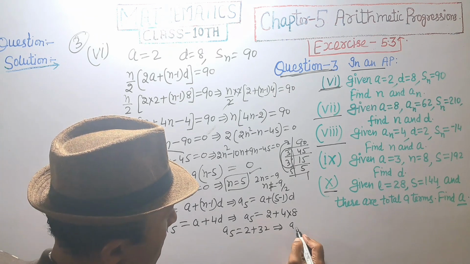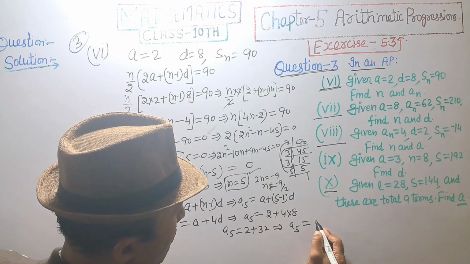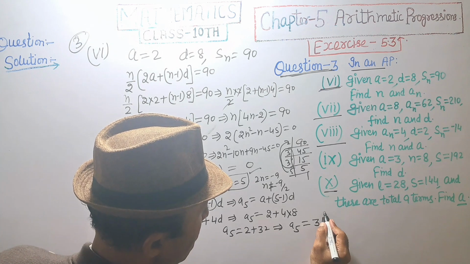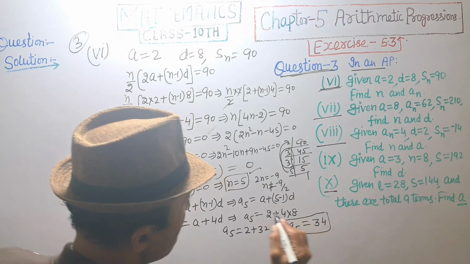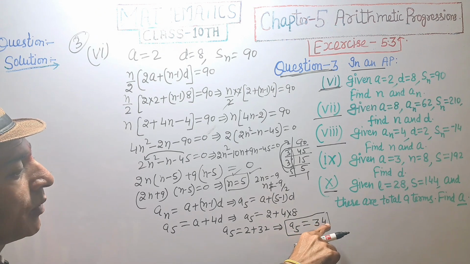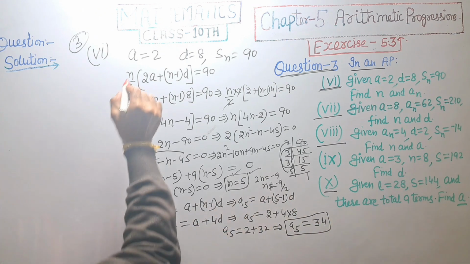This implies a5 is equal to 32 plus 2, that is equal to 34.